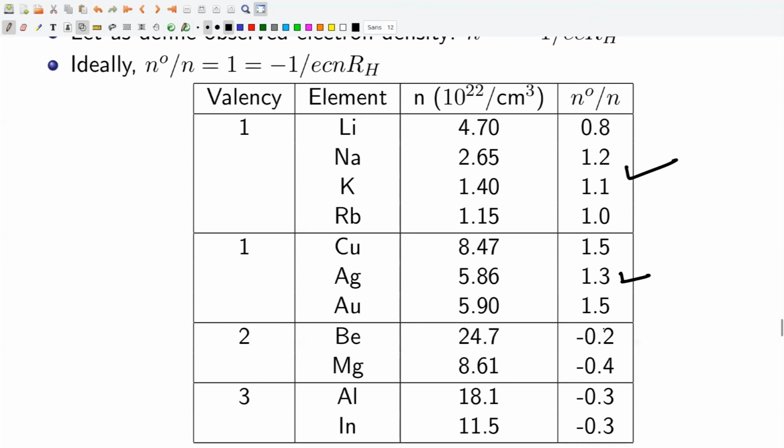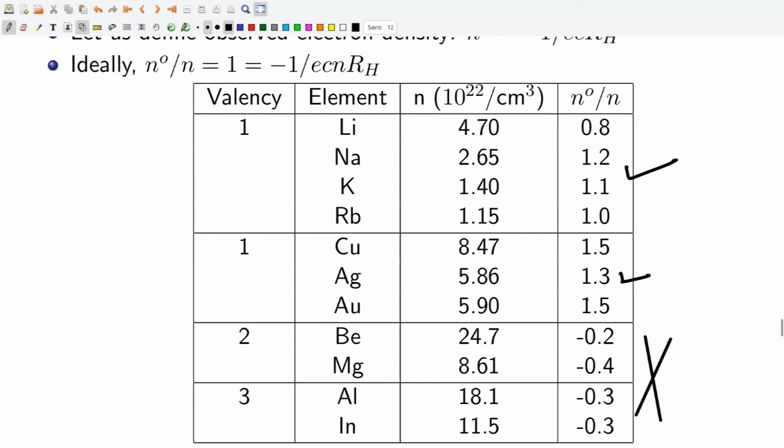However, if you look at divalent and trivalent metals like beryllium, magnesium, aluminium, etc., in that case the Drude model fails completely, because not only is the number far from 1, the sign is also different.